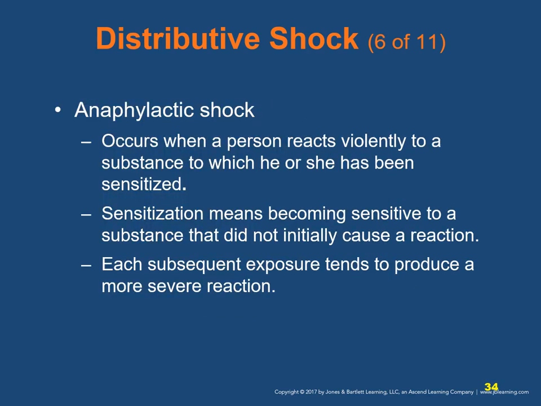Anaphylactic shock. Anaphylaxis or anaphylactic shock occurs when a person reacts violently to a substance to which he or she has been sensitized. Sensitization means becoming sensitive to a substance that did not initially cause a reaction. Each subsequent exposure after sensitization tends to produce a more severe reaction.